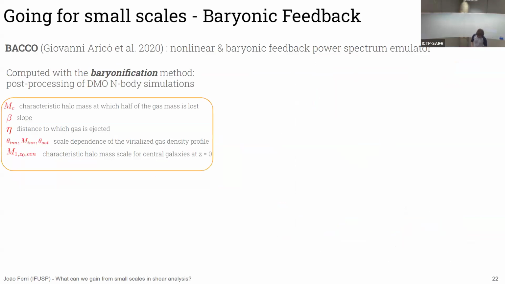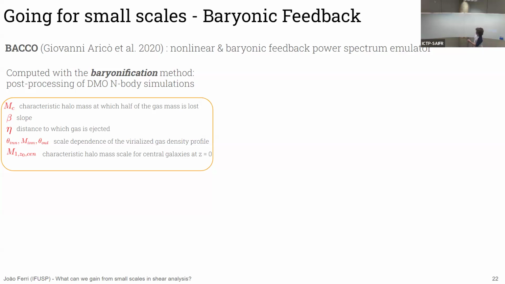So to make a better model of baryonic feedback, we're going to use BACCO, which is basically an emulator of the power spectrum that also incorporates baryonic feedback, the baryonic suppression in the power spectrum.